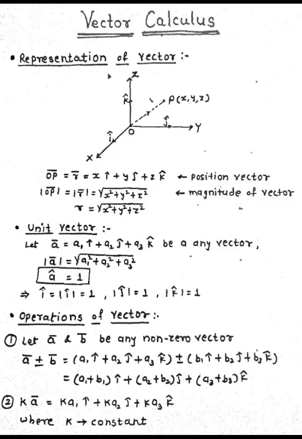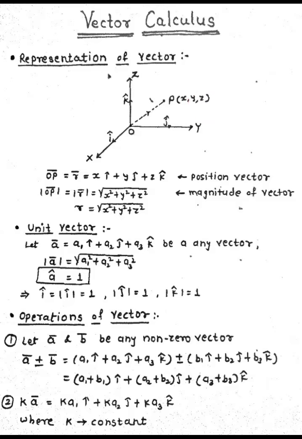This x is just the x coordinate. It indicates the distance of this point from the x-axis, and the y coordinate denotes the distance from the y-axis, and the z coordinate denotes the distance from the z-axis.